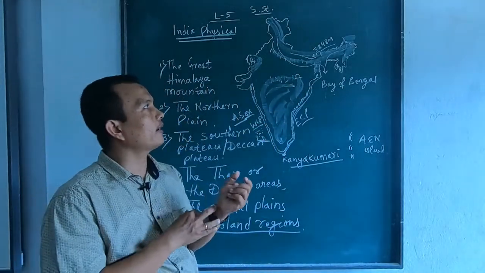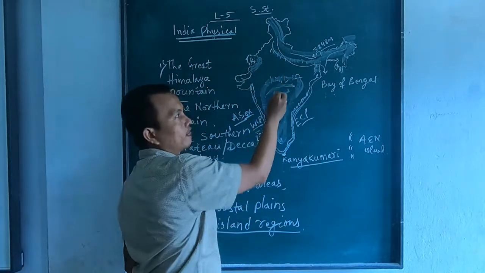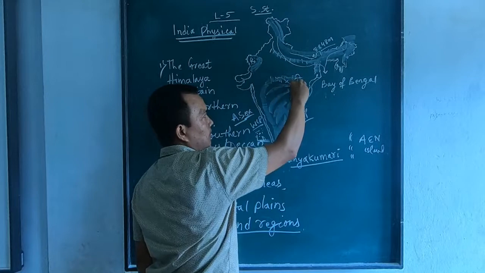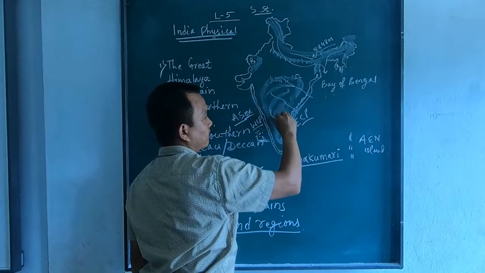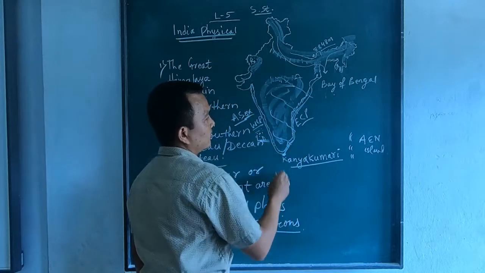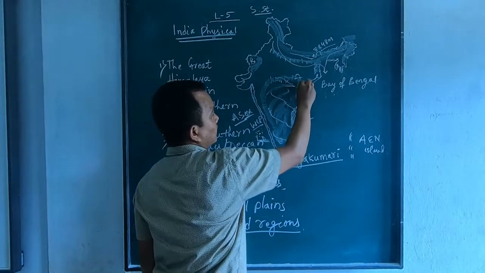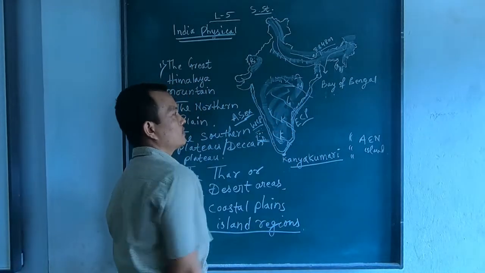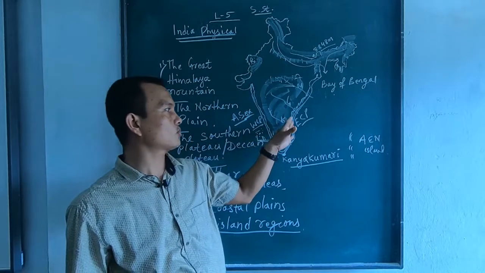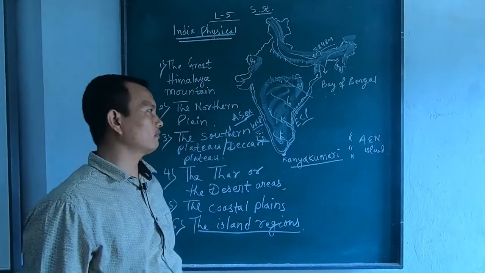But on the other hand, there are rain-fed rivers: Mahanadi, Godavari, Krishna, and Kaveri. These are the major rivers that flow towards the Bay of Bengal, and they are rain-fed rivers.